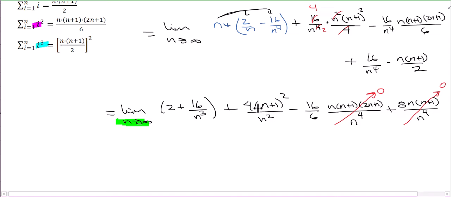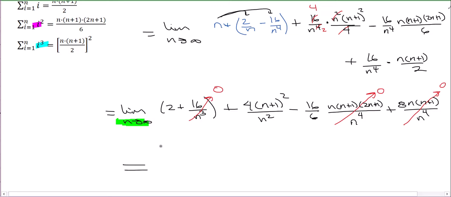What about here? Highest power in the numerator will be n squared. Highest power in the denominator is also n squared. So what is this limit going to be? That's going to be the ratio of the coefficients, so just 4. And then here, as n goes to infinity, 16 over n cubed goes to 0. So as I'm taking the limit, I don't write limit anymore.